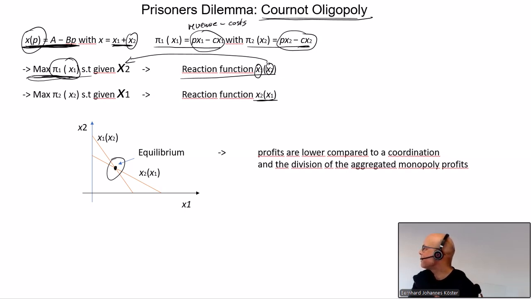Also, a similar problem is with respect to climate change. Well, the costs of climate change are quite large in the future. And then we ask ourselves, should we in Germany reduce our CO2 emissions? But if only we reduce the CO2 emissions, nothing changes on a global level.